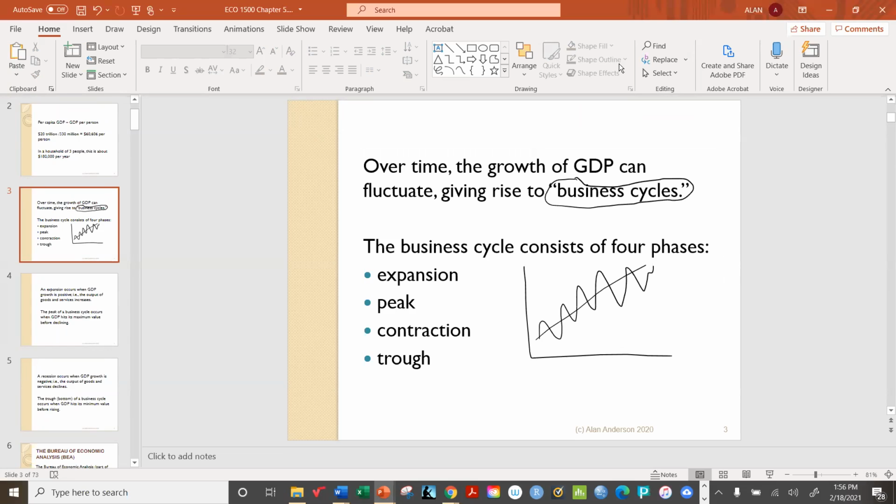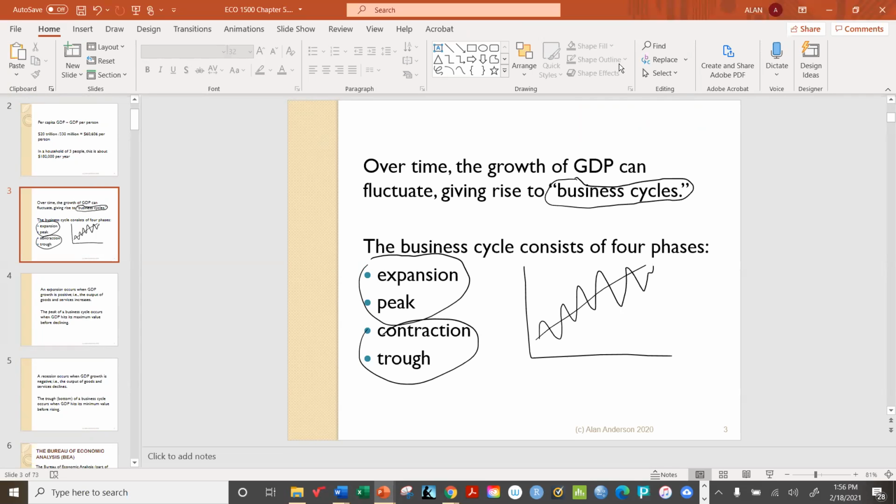Okay. And this is a major component of macroeconomic analysis, trying to understand how the business cycle works, but also trying to figure out how to minimize these downturns and how to maximize the upturns. In other words, once we get into a streak like this, we want to know how to keep the economy rolling along and avoid having these contractions and troughs as much as possible.